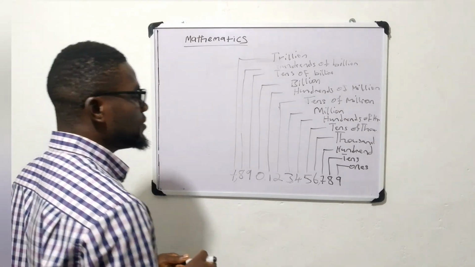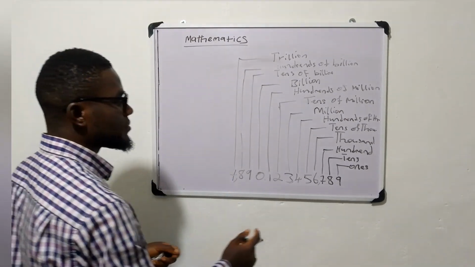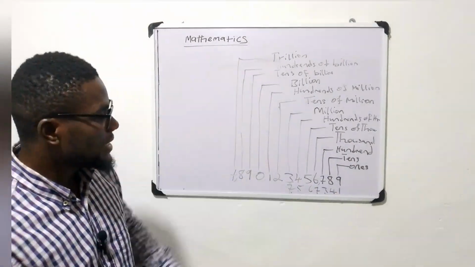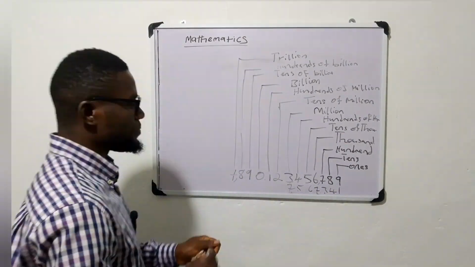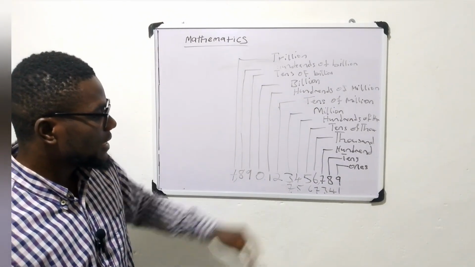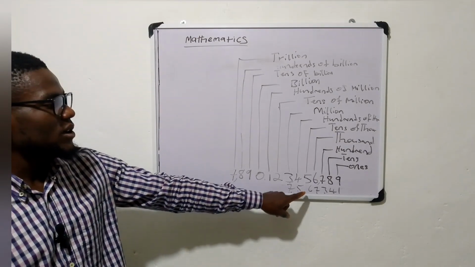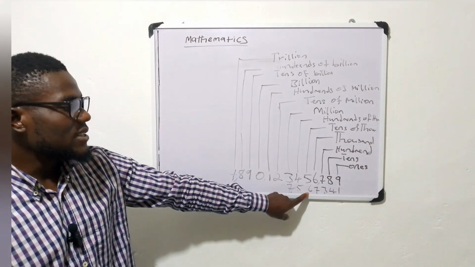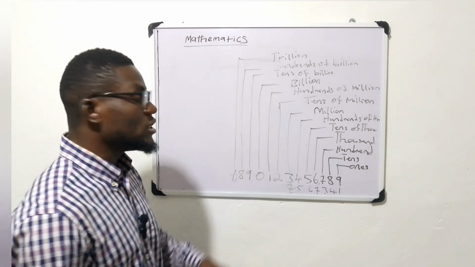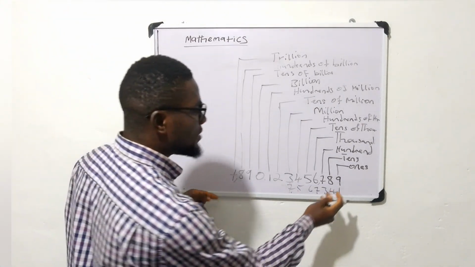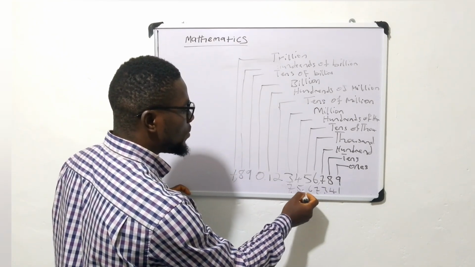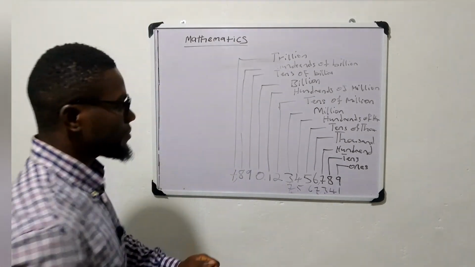Now, assuming we have a number like this, if you are asked to find the place value of 6 here, first of all, if the digits are not grouped, try and group them into 3 after counting the first 3 digits, 1 2 3, you group them.